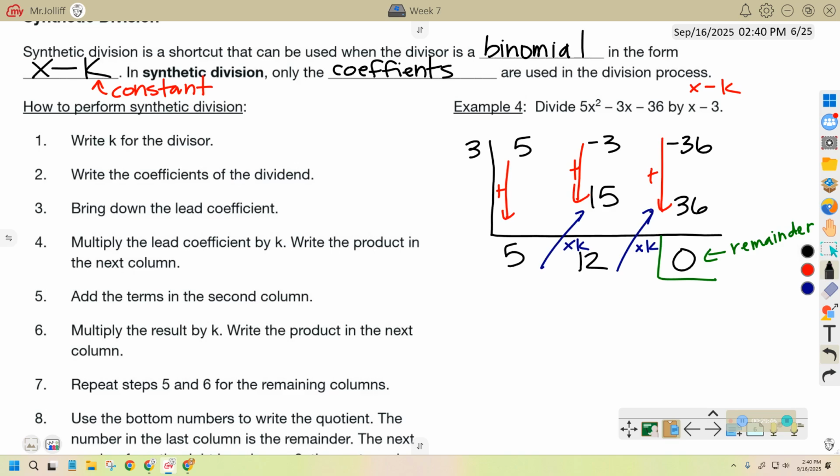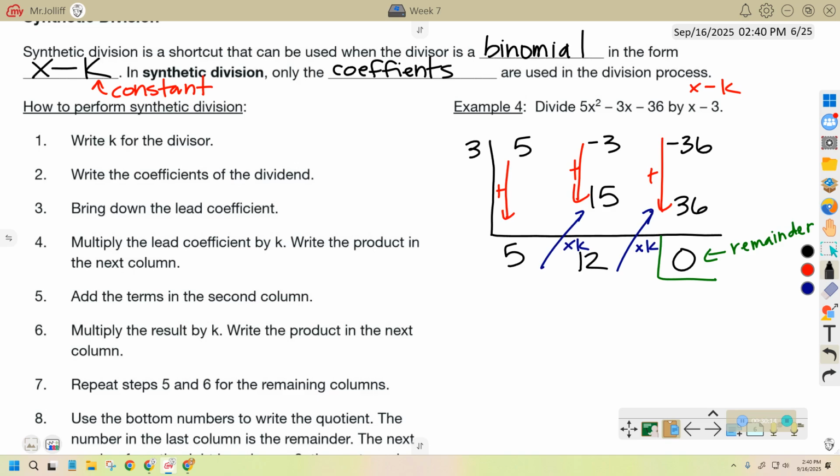So the answer to the division question is this polynomial here with these coefficients. The polynomial in your answer, the quotient, should be 1 power less than the polynomial you started with. What was the degree on the original dividend? 2, meaning my answer should be degree 1.